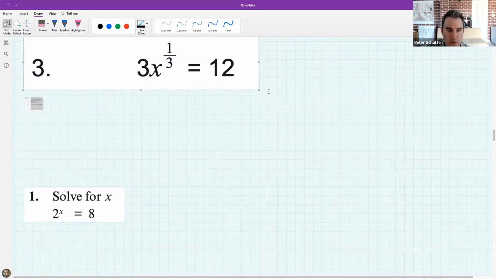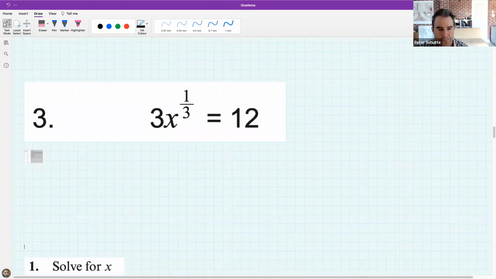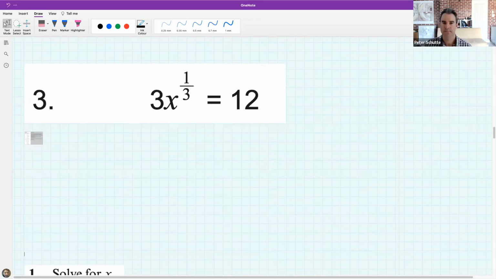I want you to find me the answer to this question. There's a slight difference, so you're solving this equation. See if you can get the answer to this one.